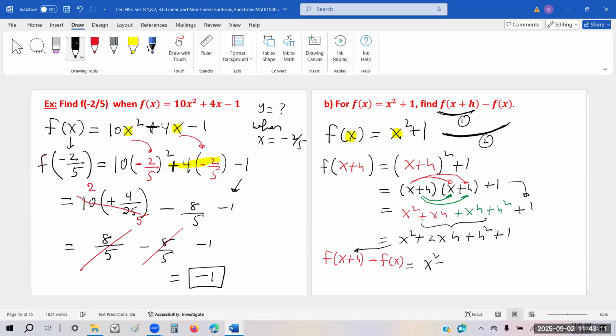So we have x squared plus 2xh plus h squared plus 1. That's the entire f of x plus h. And you're going to subtract what? x squared plus 1, but it has to be inside the parentheses.